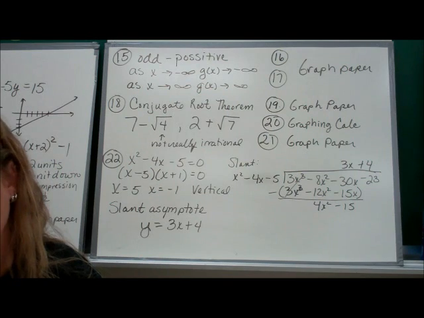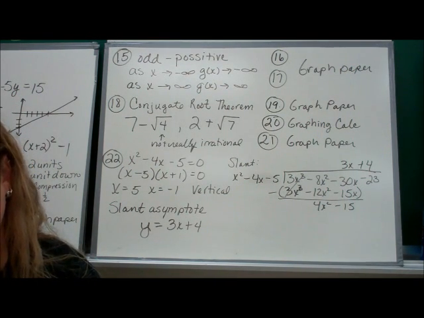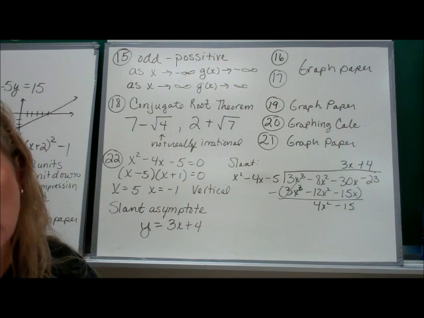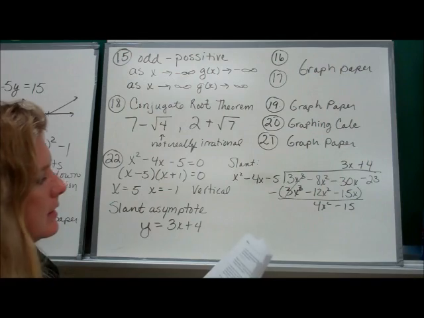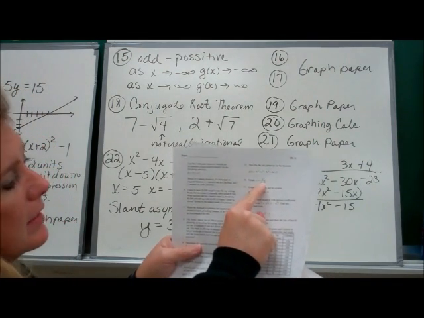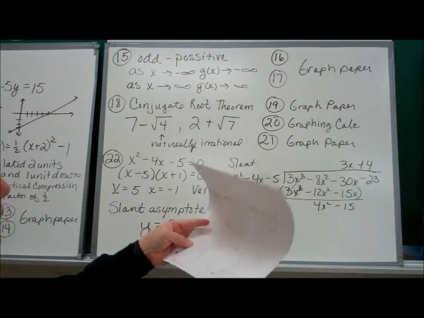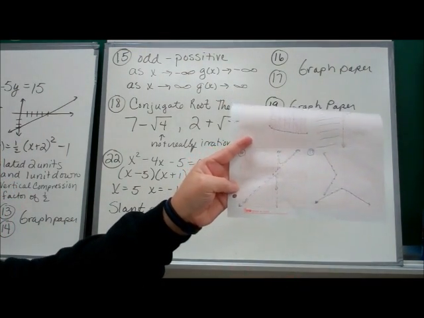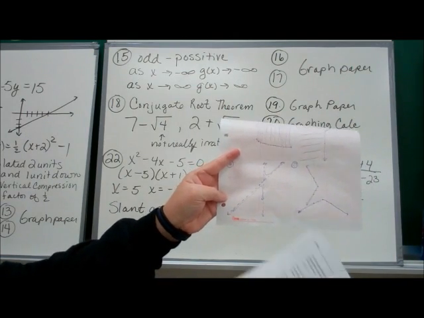16 is a rational function, so we had to find the asymptotes. Okay, 16, the vertical asymptote is given to you. That's going to be what will make the denominator 0. So that's my vertical line there. The slant asymptote, you have to divide.